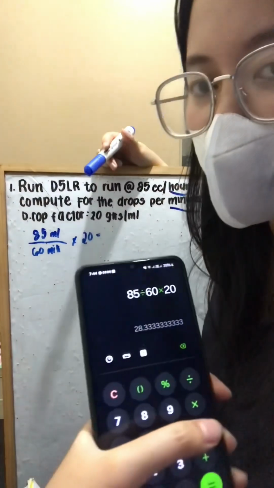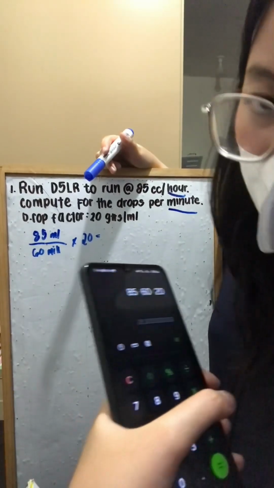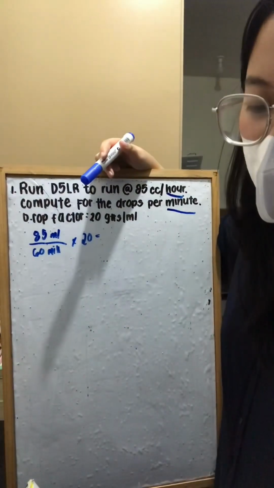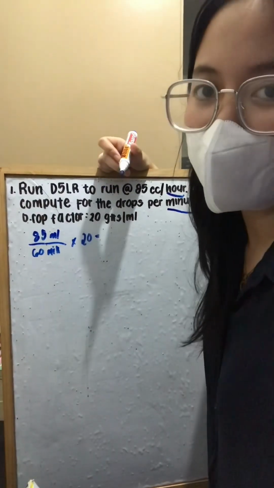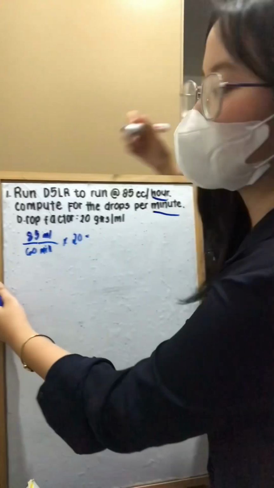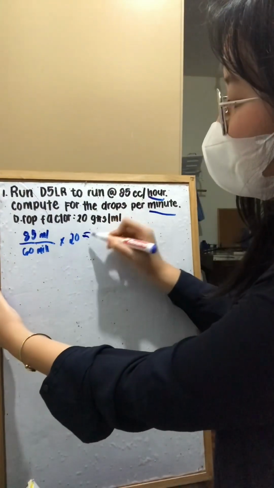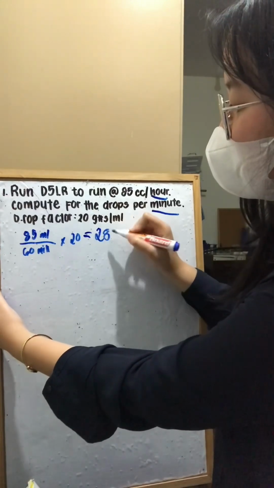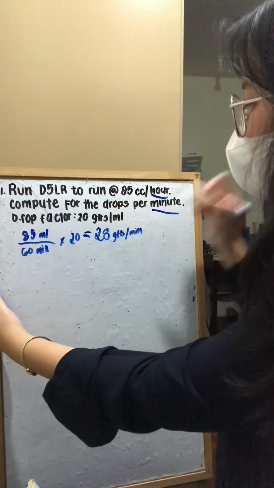So, ang magiging sagot dyan ay 28.333. Tanong yung kung hanggang saan mag-round off, pero usually, whole number to. Ang sagot is 28 drops per minute.